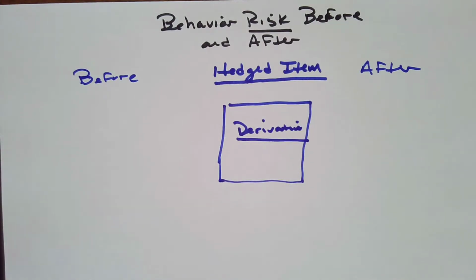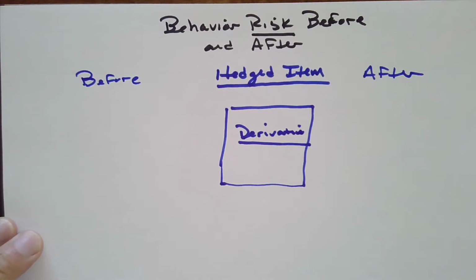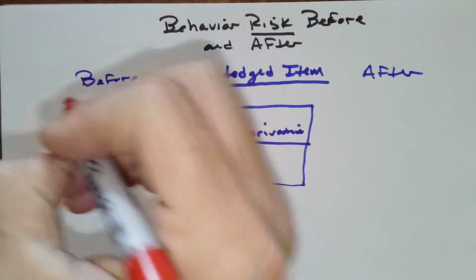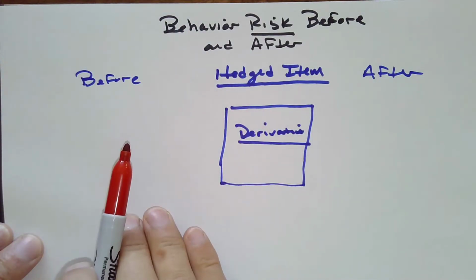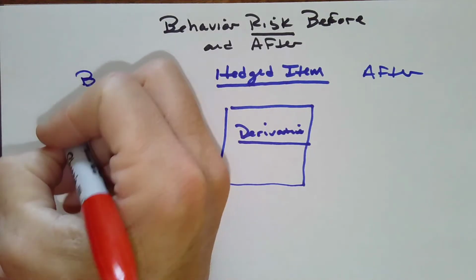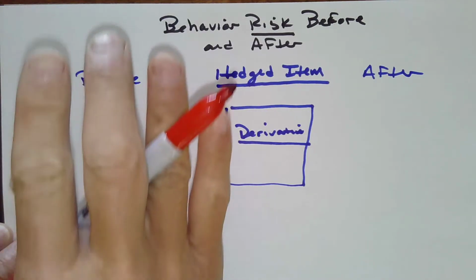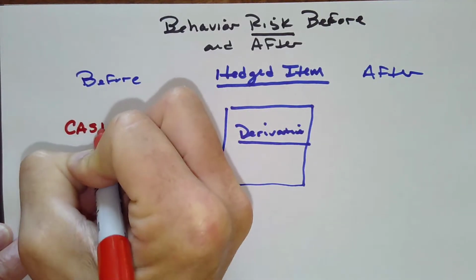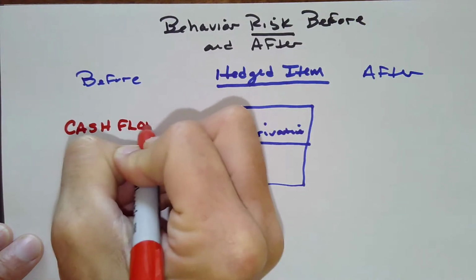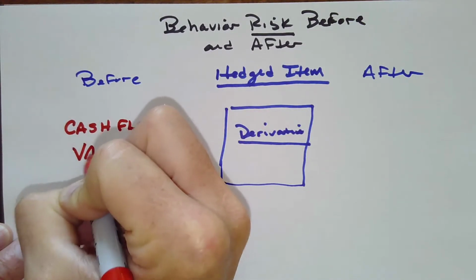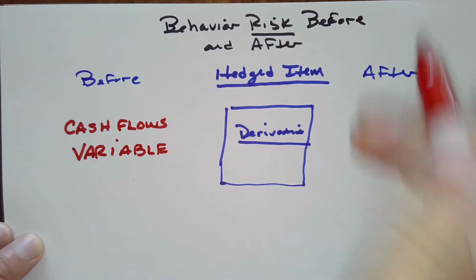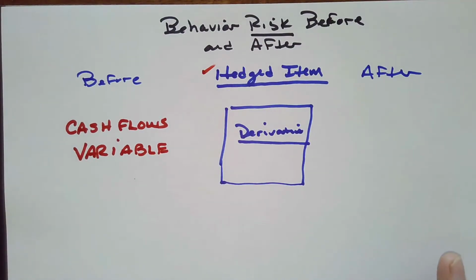How does the nature, the behavior of the cash change? So before, let's think about cash being variable. Here, cash flows are variable for a particular hedged item.